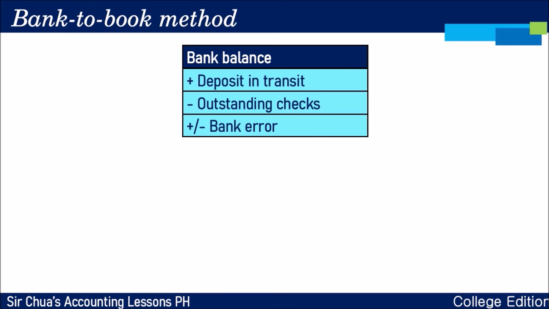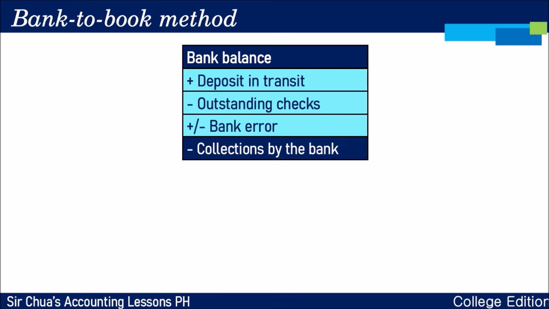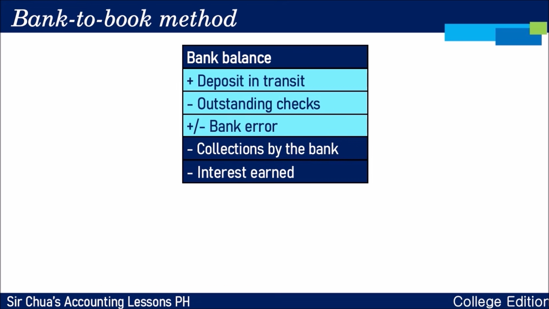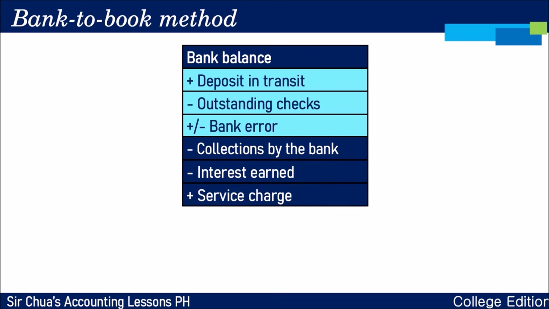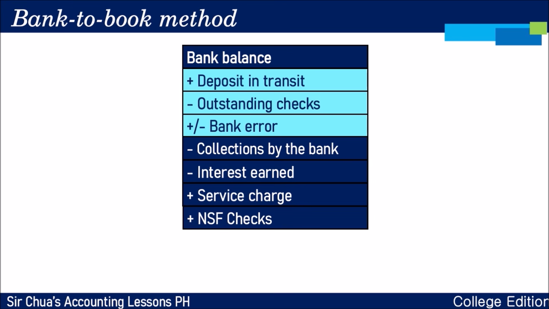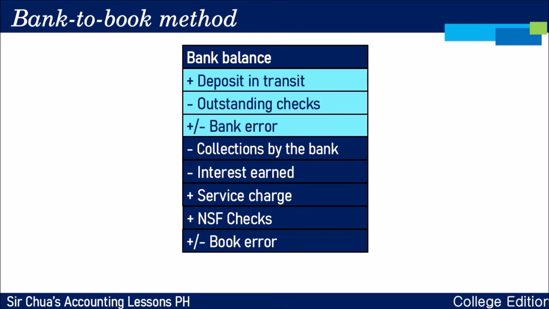Pero pagdating na po sa ating book reconciling items, pabaliktad na po tayo. Minus collections by the bank, yung notes collection, minus interest earned, pero padagdag na po yung service charge at saka NSF check. And then ganun din po yung book error, pero pabaliktad na siya ha. So kasi 'di ba, sa adjusted balance method, pag book error, pag nadagdagan ka erroneously, ibabawas mo.